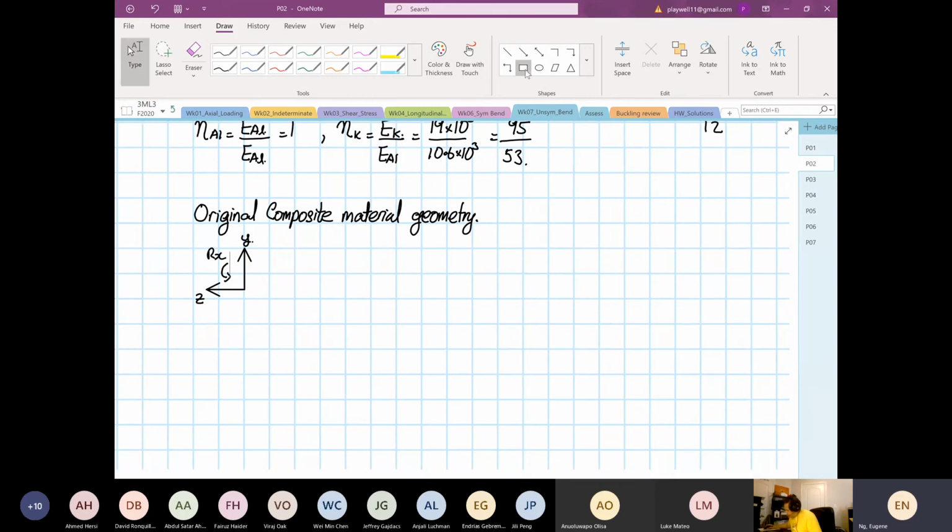I'm going to sketch this. So 6, this is your original structure, and then you have 0.5.